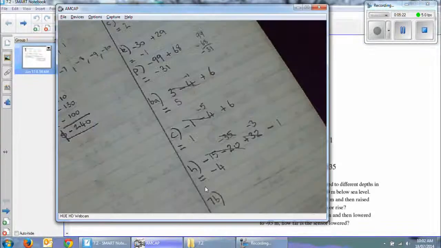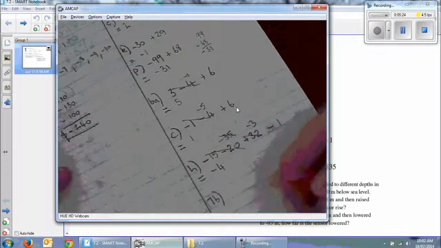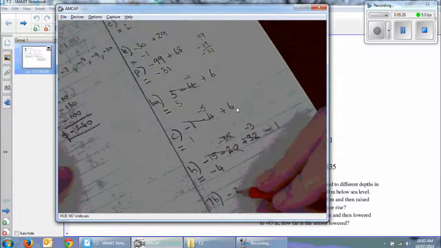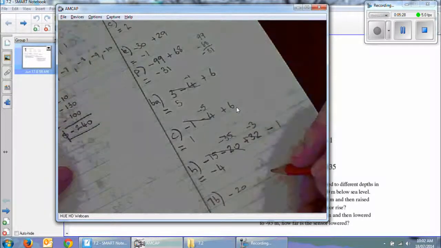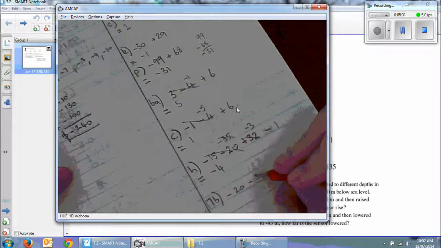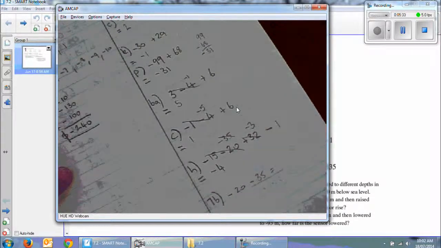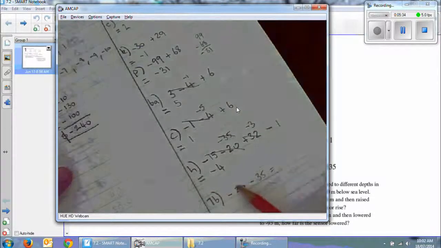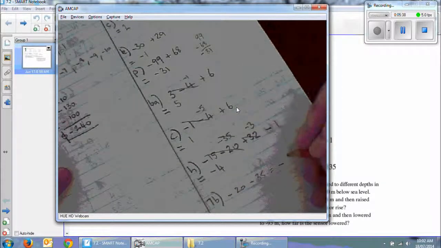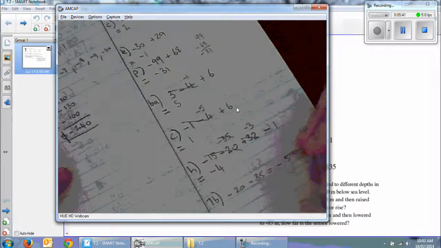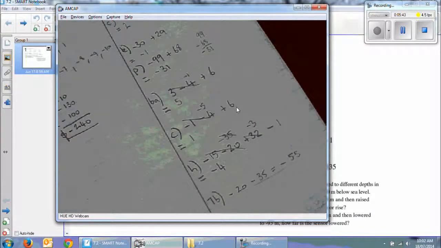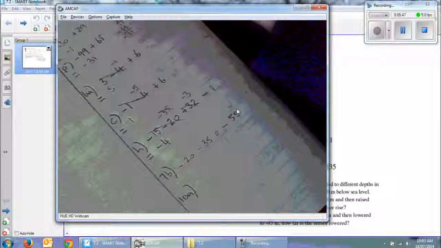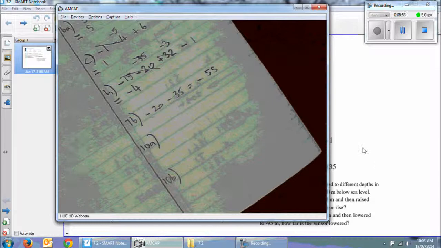So in this case, if I owe $20 and then I borrow a further 35, that means that I've got negative 20 and I take away another 35, I'm going to end up owing $55. So pretty much very similar to what we were doing in question 6 and question 7.